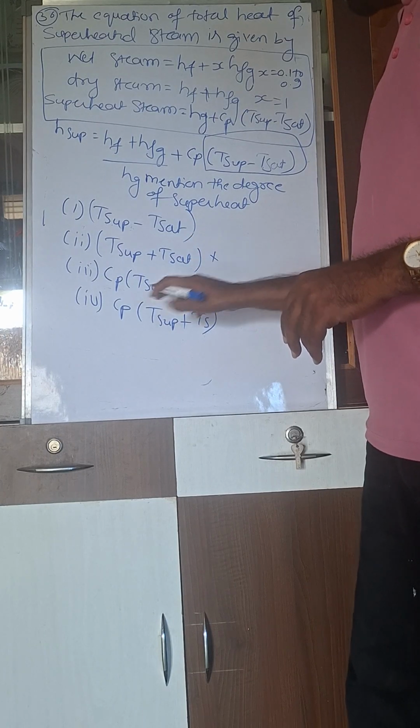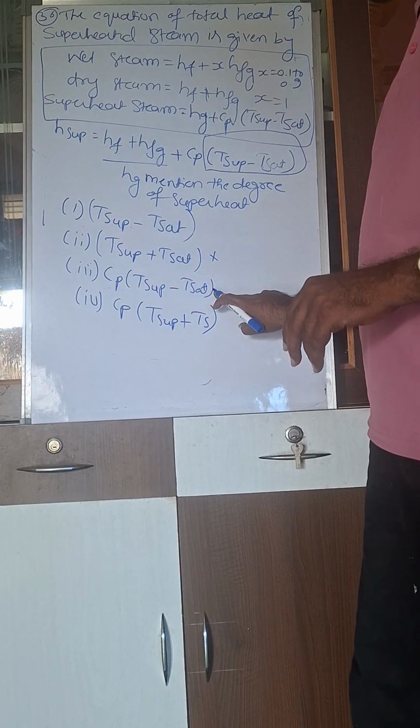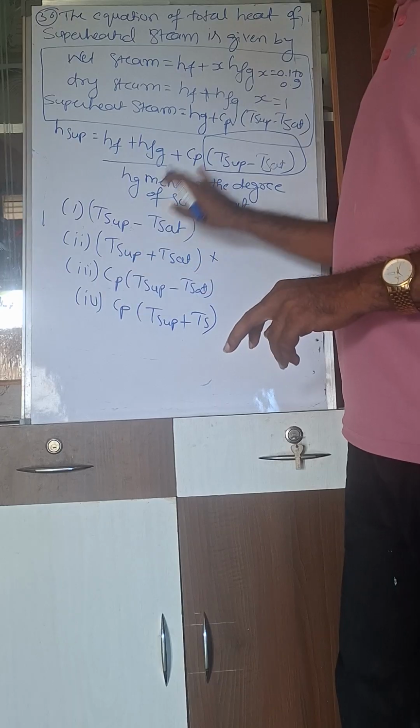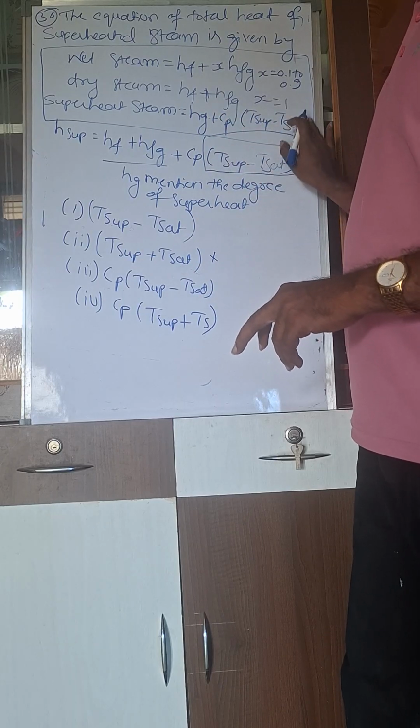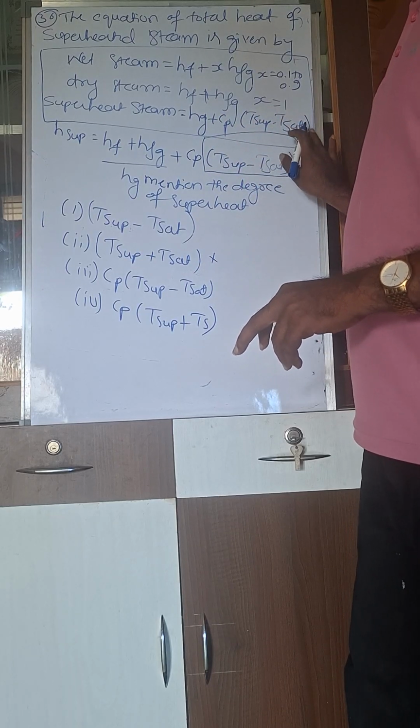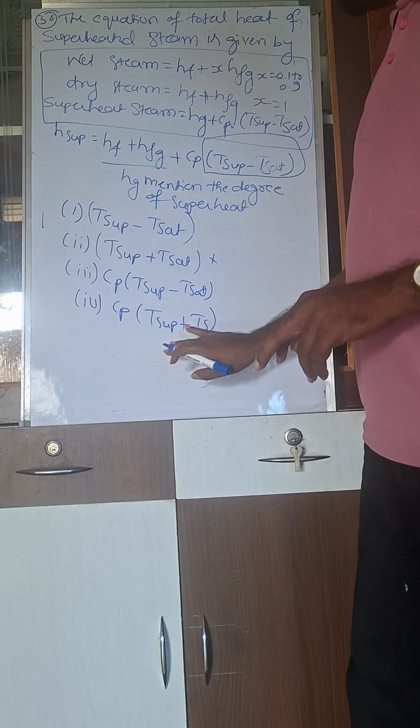Second one, next, Cp into T superheated minus T saturated. This constant pressure is not including only the superheated form of steam. T superheated minus T saturated, Cp plus T superheated minus T saturated.